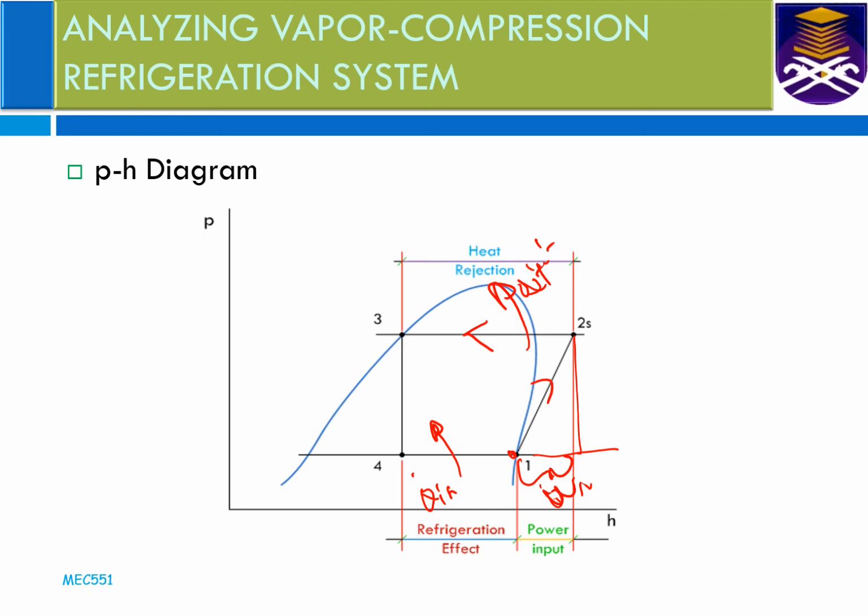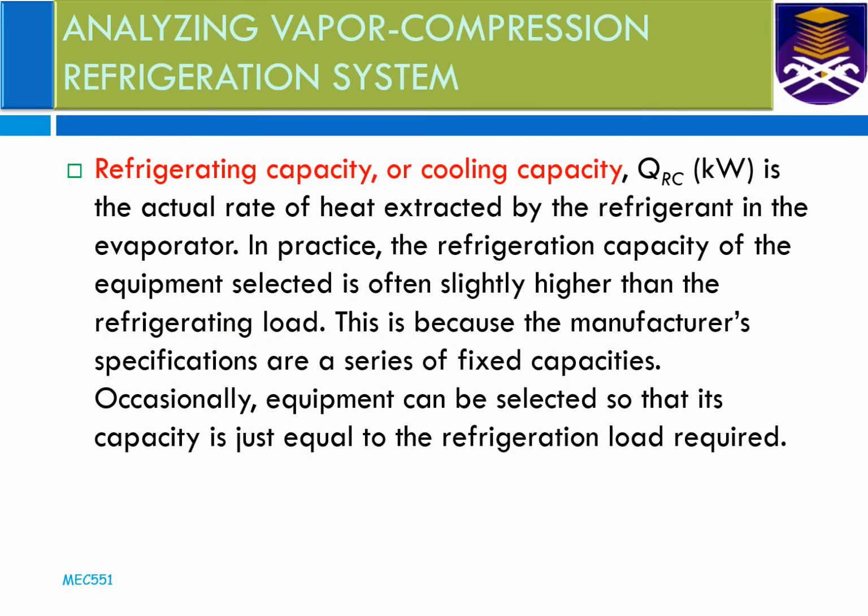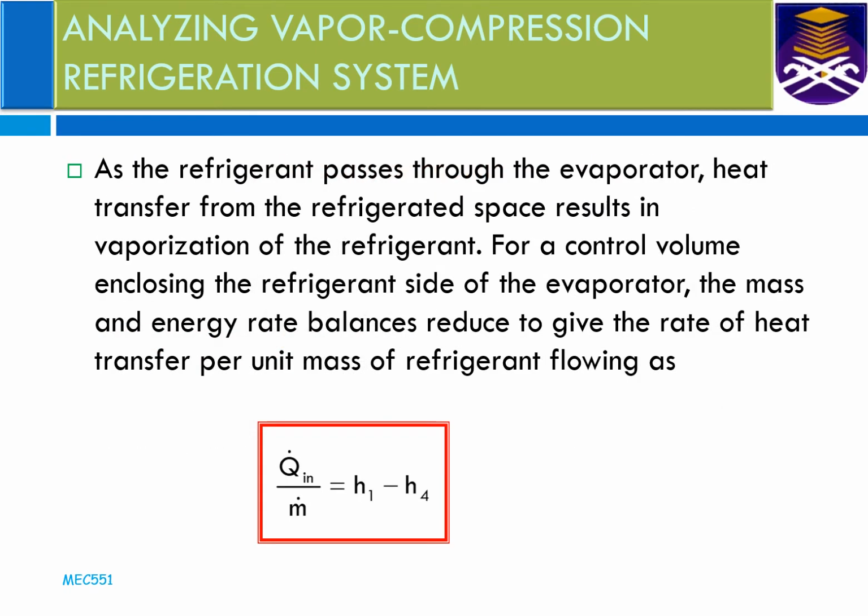The pressure enthalpy diagram is widely used in the industry for you to get the properties of the refrigerant. So it should be like that overall. This is the refrigeration effect. For the refrigerant, you can refer to videos.